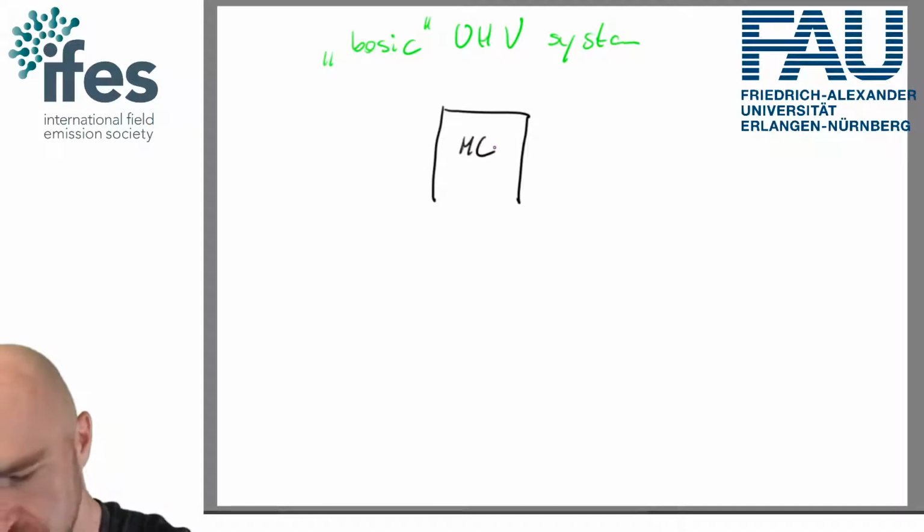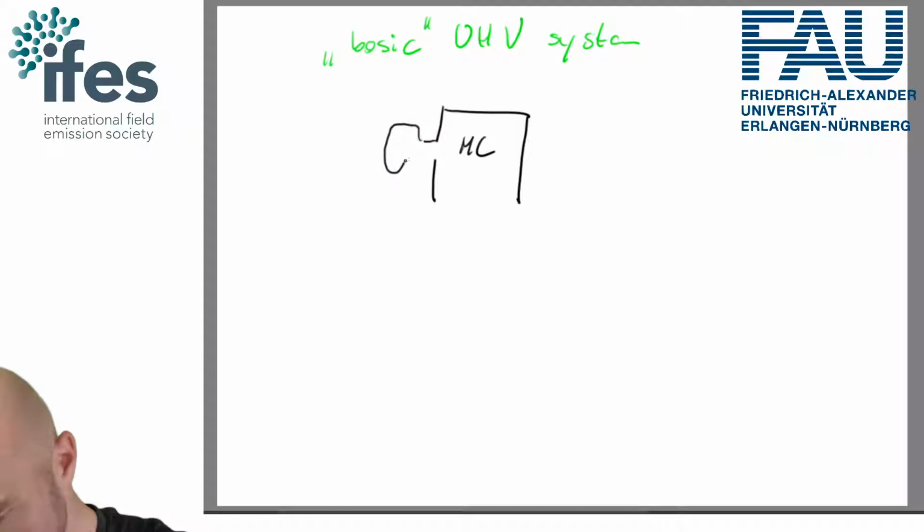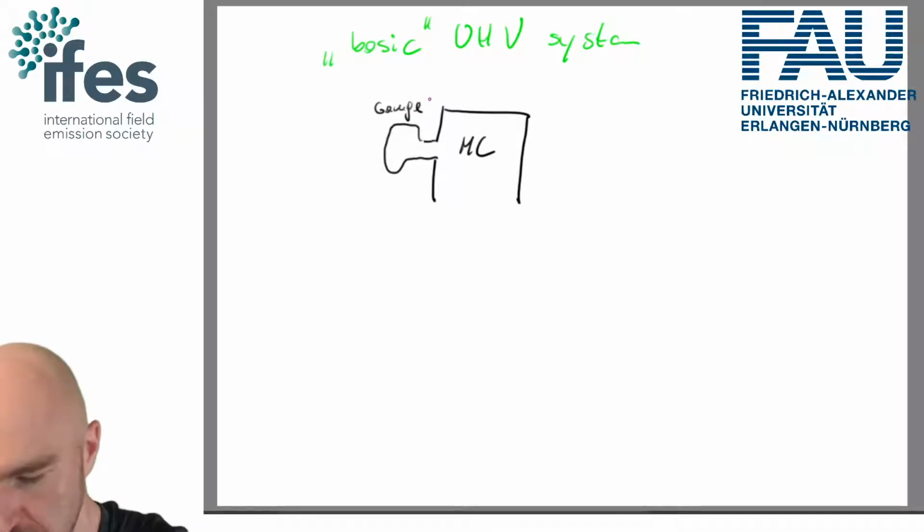I'll call it measurement chamber, main chamber, whatever. And to that main chamber, you have some kind of gauge, some kind of measurement, some kind of vacuum gauge.